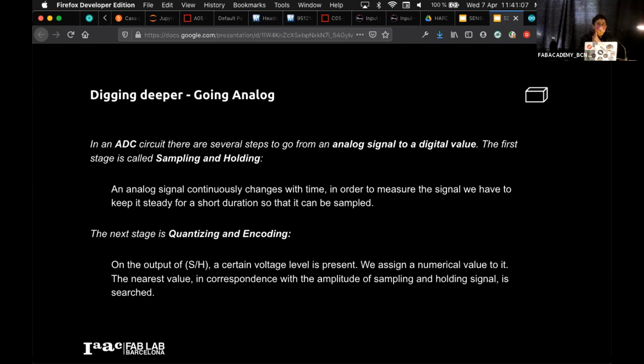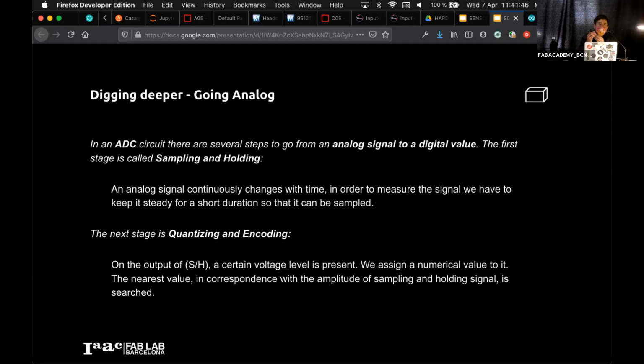Once we have that picture, we try to quantize it, which basically says, okay, I'm going to read the value that I am holding, and I'm going to try to map it to the scale of values that I can read. For instance, if I am reading a signal that I'm holding at 4 volts, and I can read from 0 to 5 volts, I'm going to say, okay, I have 4 out of 5 volts measured, or 5 out of 5 or 0 out of 5, etc. I'm going to quantize that information, and I'm not going to leave it as that.